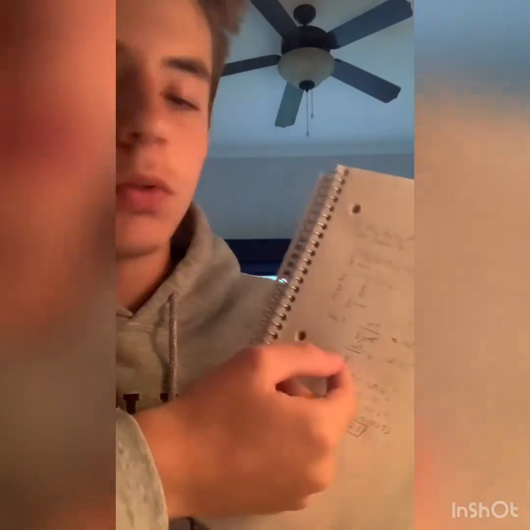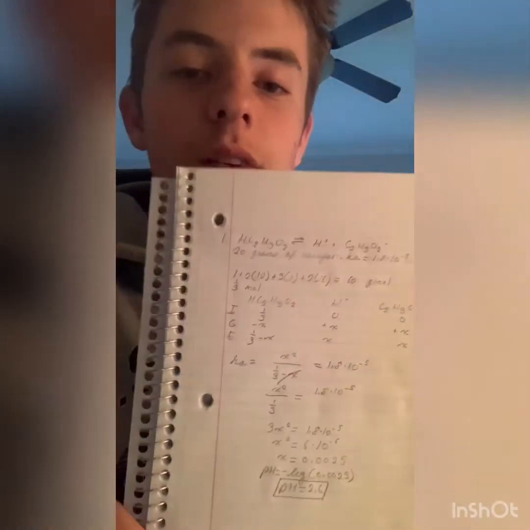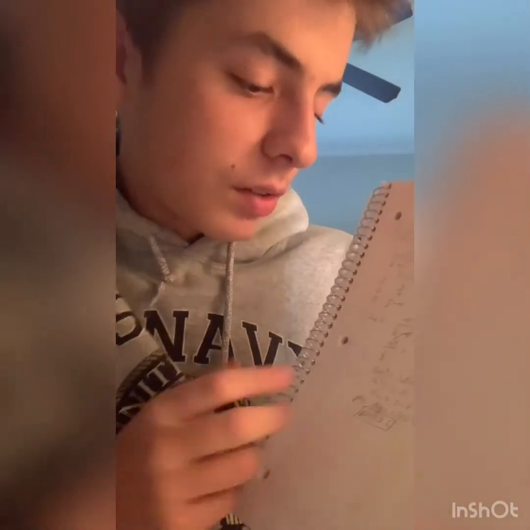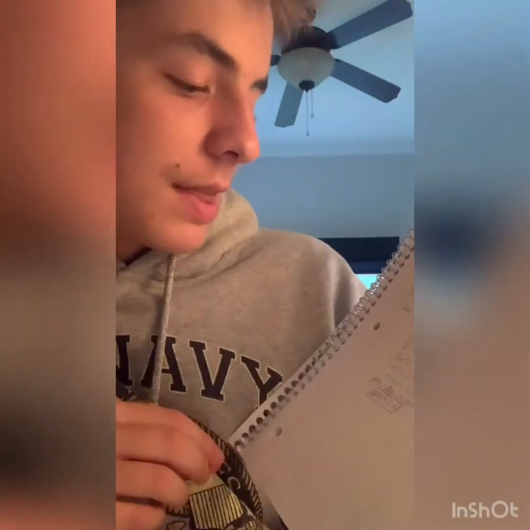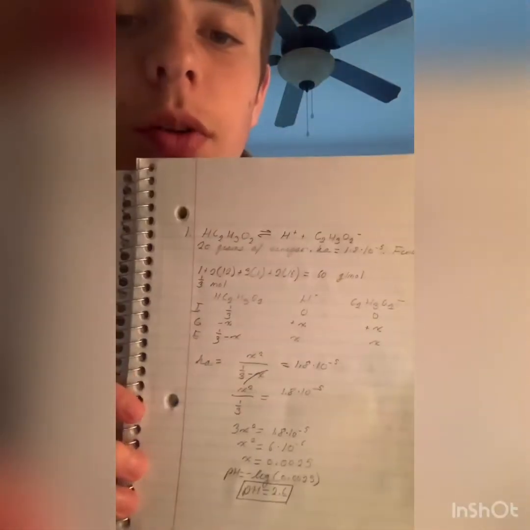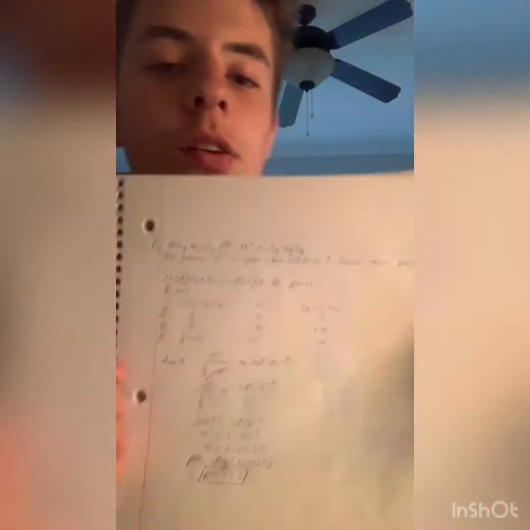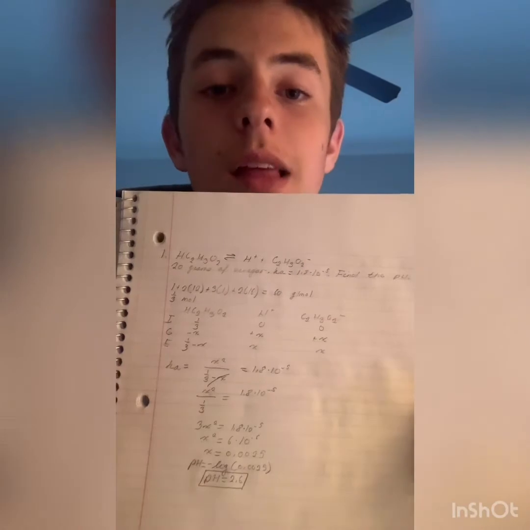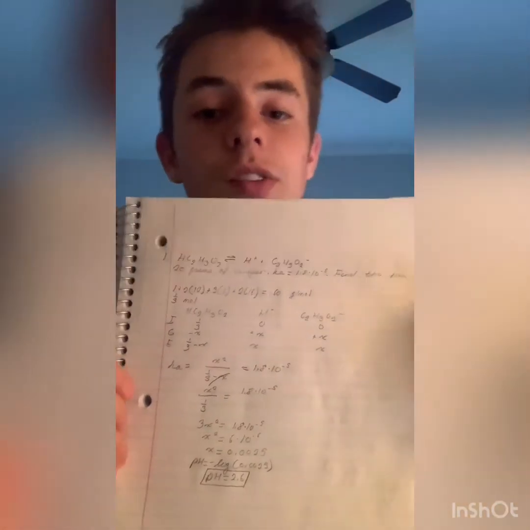So X squared over 1/3 is the same thing as 3X squared. So 3X squared equals 1.8 times 10 to the negative fifth. So we can just solve: X squared equals 6 times 10 to the negative sixth. And then X is equal to 0.0025. So that is the concentration of H+ that we have.